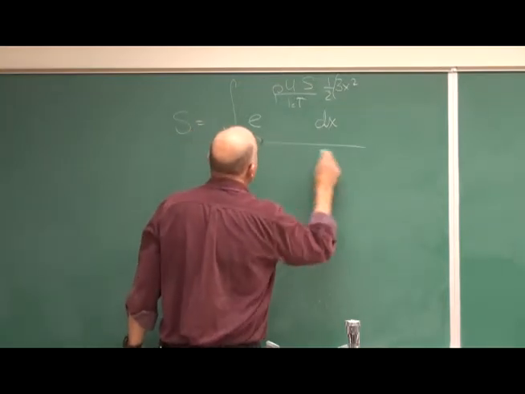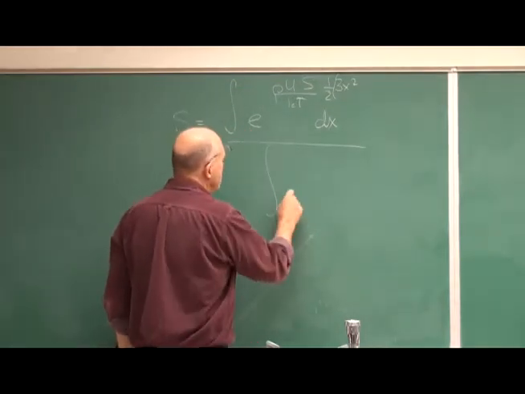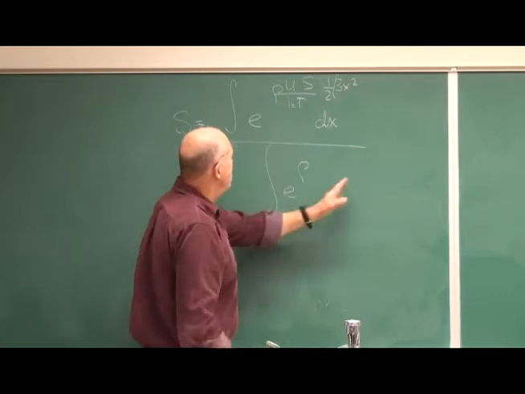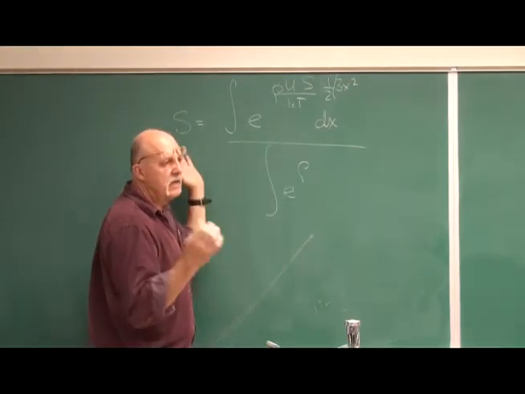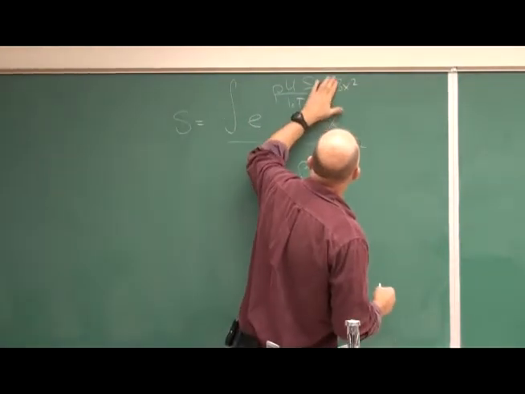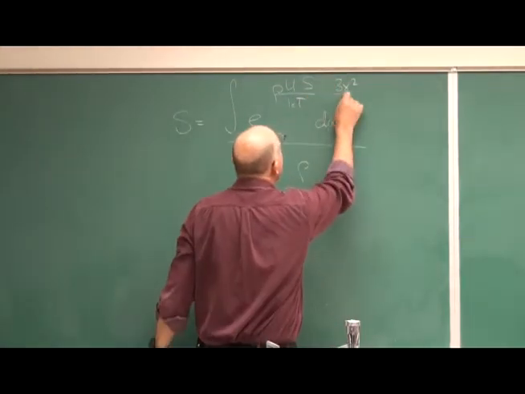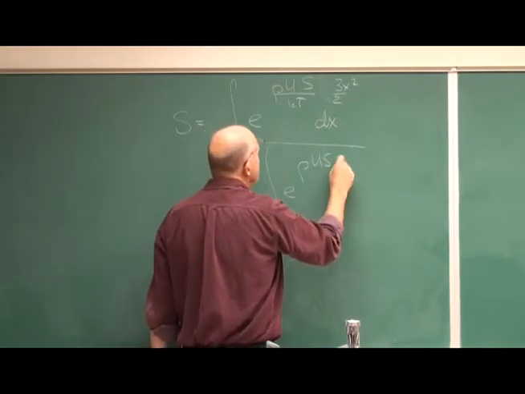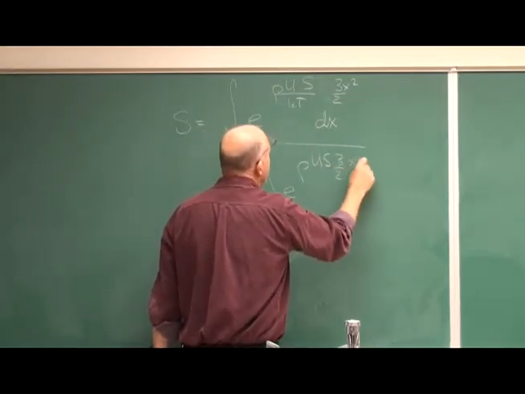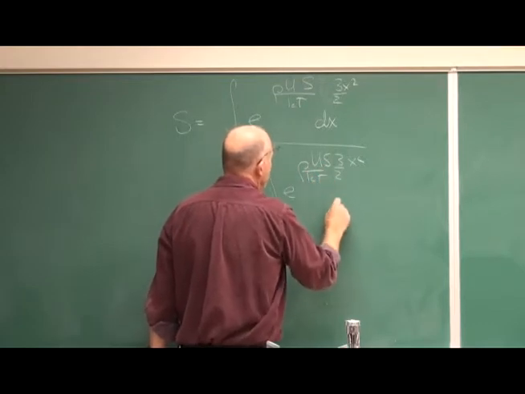The same thing happens in the denominator, so the term that comes out of here comes out of there. You can just cancel. So basically, we'll just get a 3/2 here. And rho u s 3/2 x squared over 18 dx.